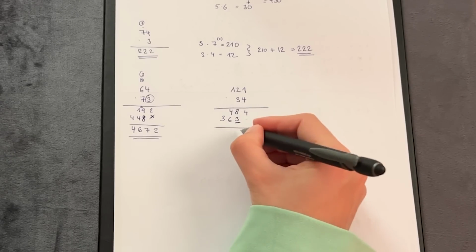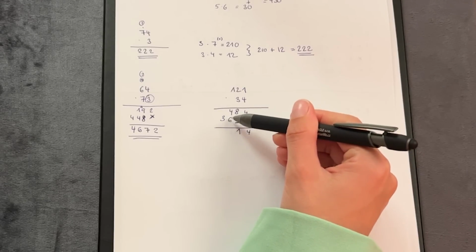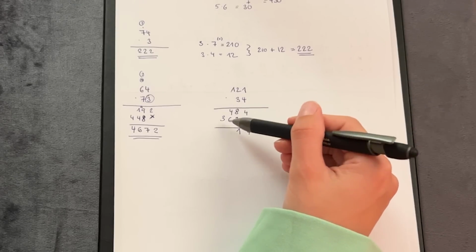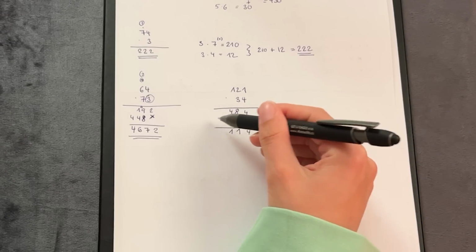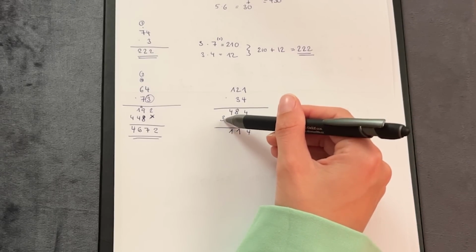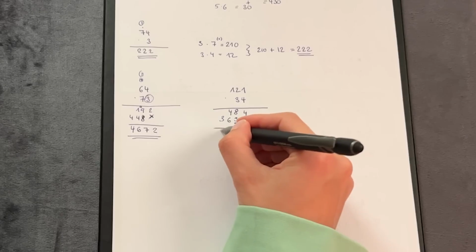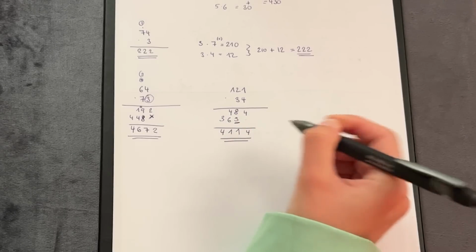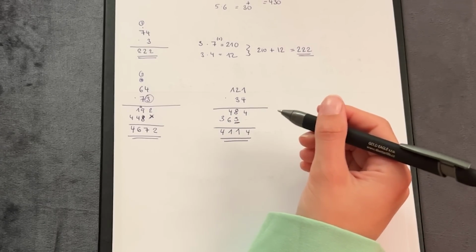3 plus 8 is 11. We carry number 1. 6 plus 4 is 10. Plus 1 is 11. We will carry number 1 to the front. 3 plus 0 is 3, plus the 1 we carry, so it's 4,114.